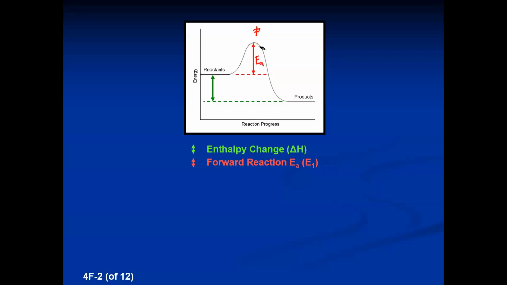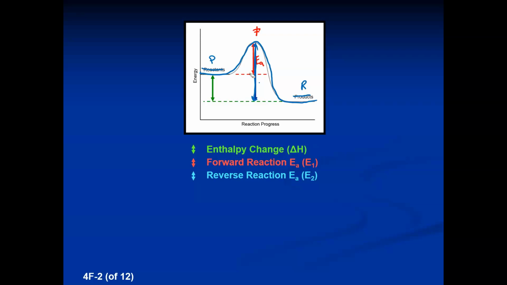But what if we go backwards? If we go backwards, then it's different. Then this becomes our products, these become our reactants, and now our activation energy is much larger. So this reaction happens faster in the forward direction and slower in the reverse.